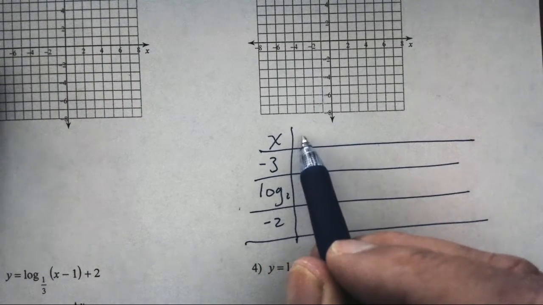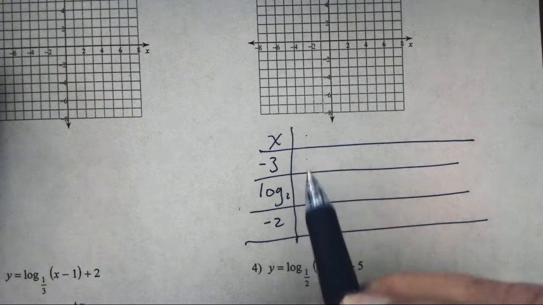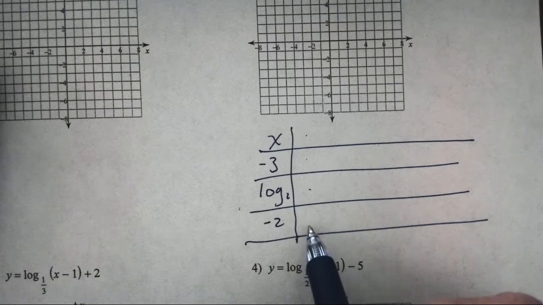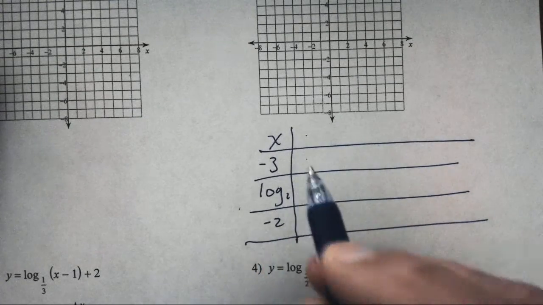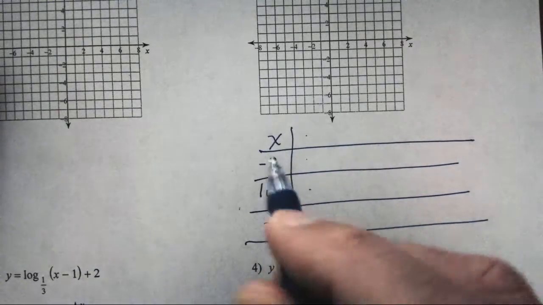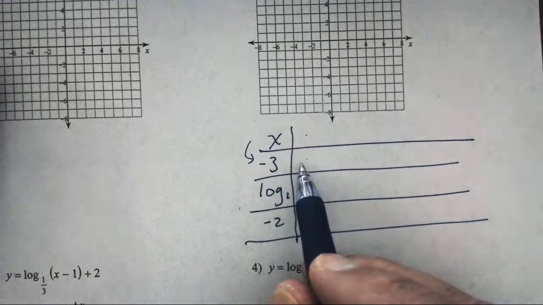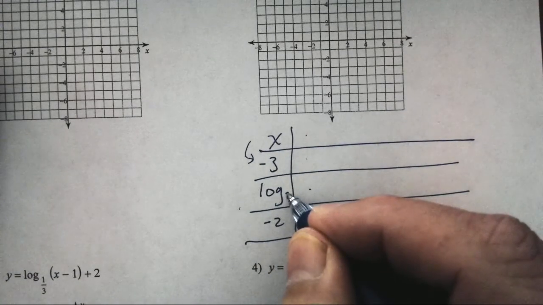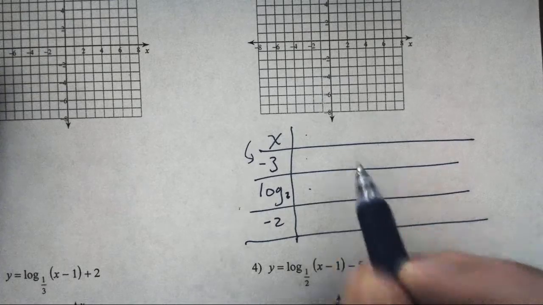So here's what I do. I'm going to choose a value for x, subtract 3, take log base 2, and then subtract 2. But I'm not really going to do that. I'm actually going to choose a value after I've already subtracted 3. And I want this row to be convenient powers of 2.